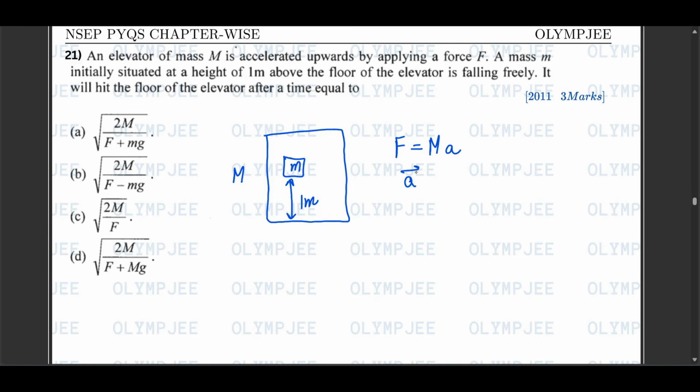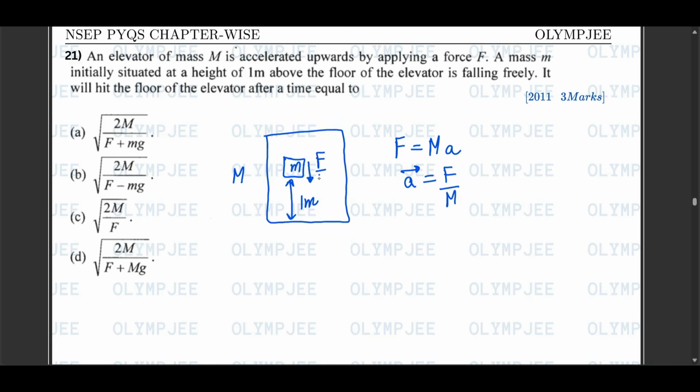So acceleration will be F by M. So if we go in a non-inertial frame, then we can assume that a pseudo force of F by capital M multiplied by small m is acting downwards, and mg is either way acting downwards in every frame. So the acceleration of small m would be mg plus F by M times small m divided by small m, which is g plus F by M.